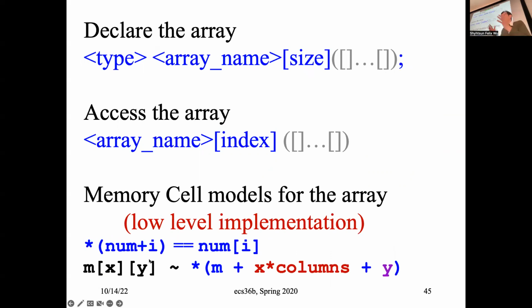But the compiler essentially converts it to this format. When you want to access the array, I'm actually calculating: M represents the first byte address of the array, and I take the size of your column, multiply it, and add Y. Internally, I'm calculating the address of the array element you want to access.